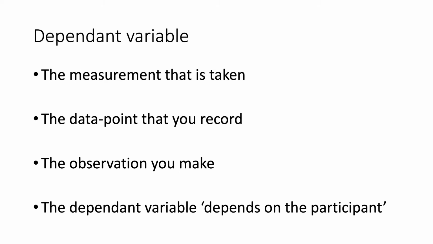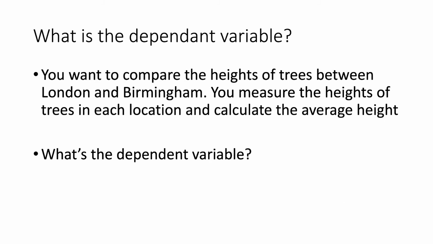So it might be that you're going to record people's heights or weights, and that would be the dependent variable. Another way to think about it is the observations that you're making as an experimenter. It can be helpful to think of the dependent variable as the thing you're measuring that depends on the participant. It's not something that you're necessarily going to be able to control. It's what you're interested in finding out.